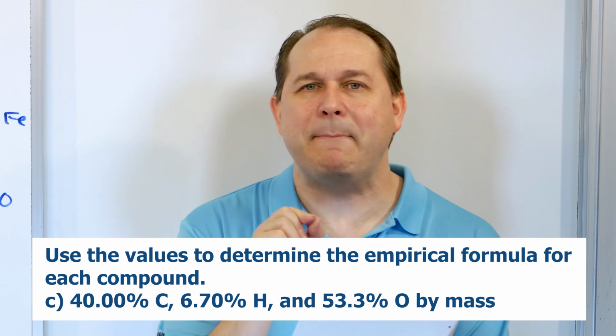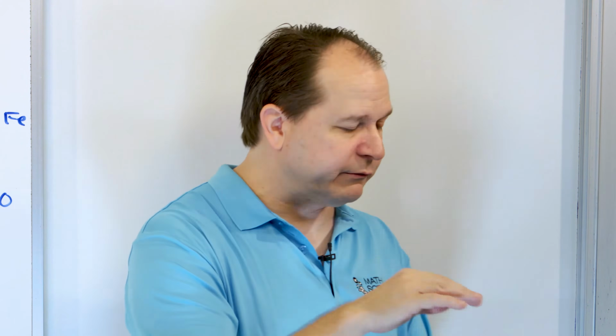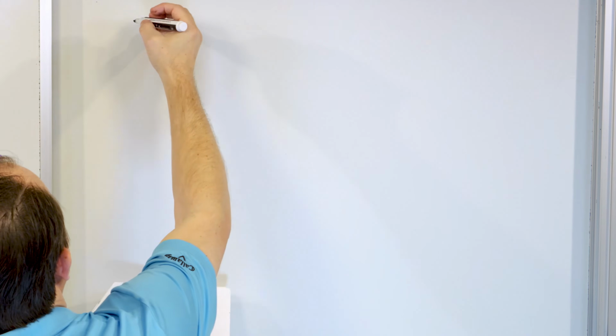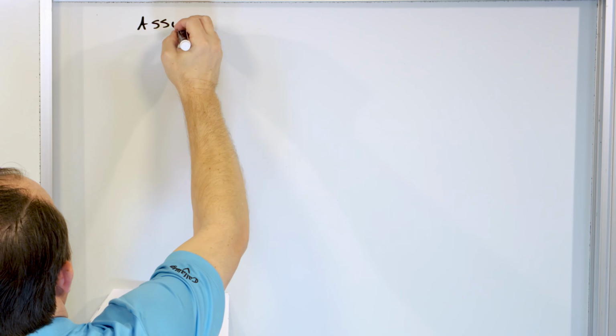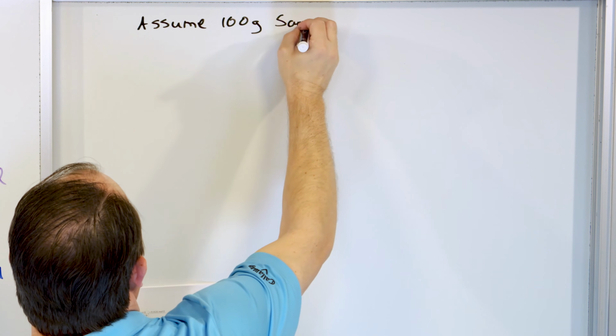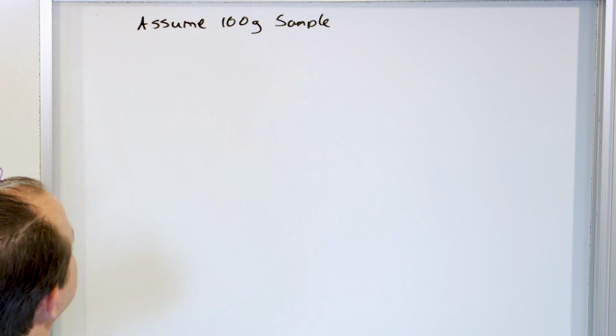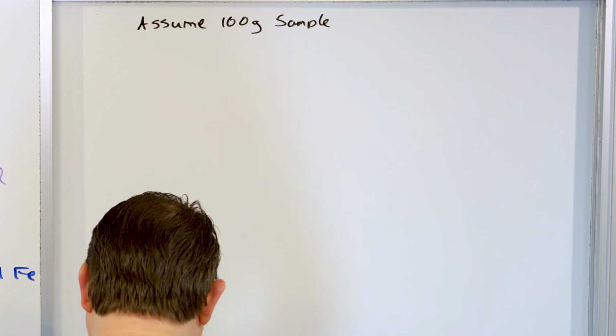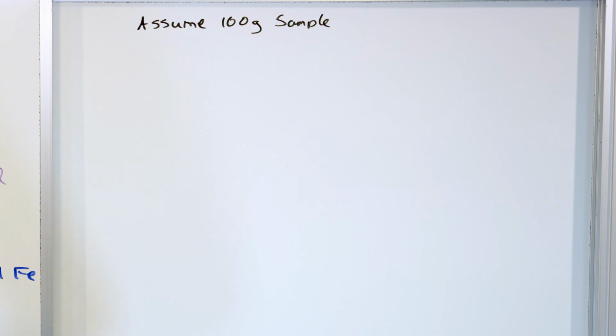Since we're given percent mass, what we do is we assume a 100-gram sample in our mind. You don't have to. You can assume a 1,000-gram sample or a 1,000,000-gram sample, but a 100-gram sample is very easy for us to hold in our mind.